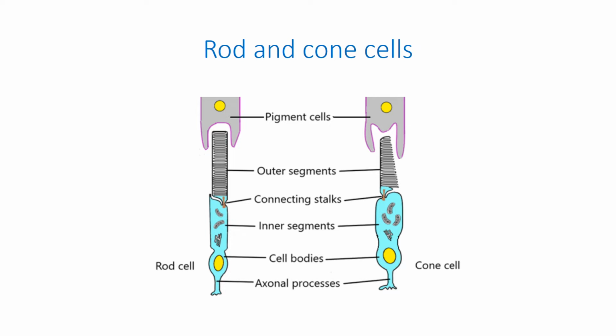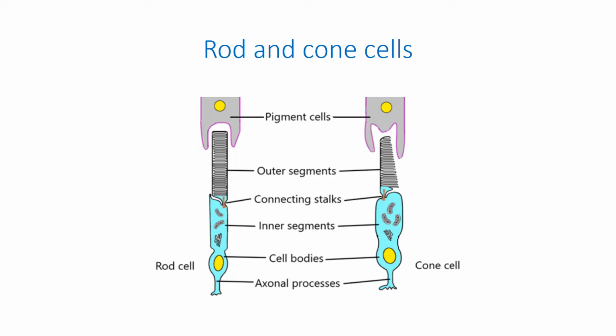These discs are formed by plasma membrane invaginations and move proximally to distally toward the tip of the outer segment, where expanded discs are shed and phagocytosed by pigment cells. The formed rod discs lose their continuity with the plasma membrane. In cones, the connection of discs and plasma membrane exists throughout the entire length of the cone.